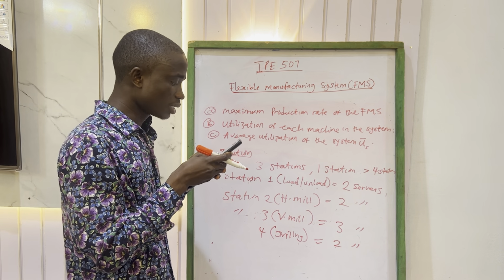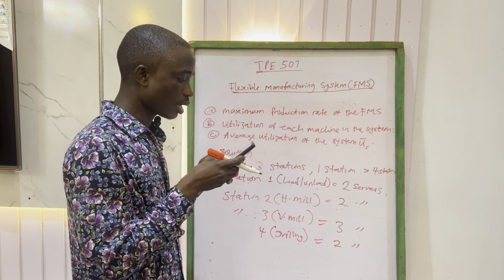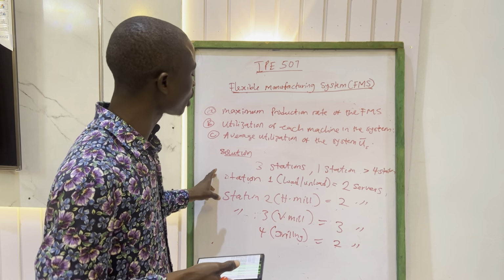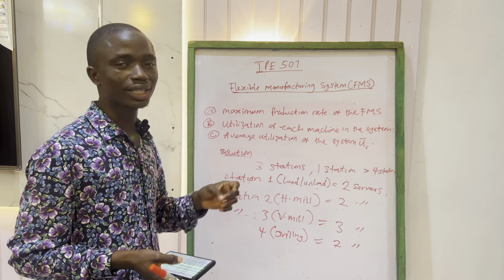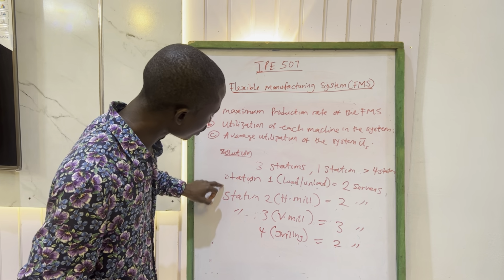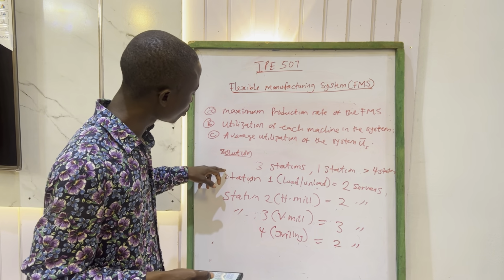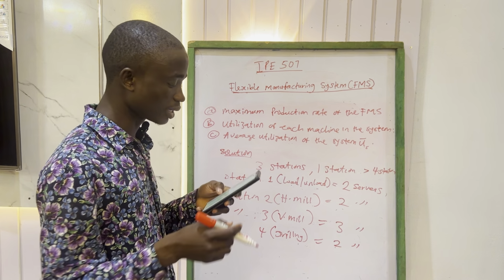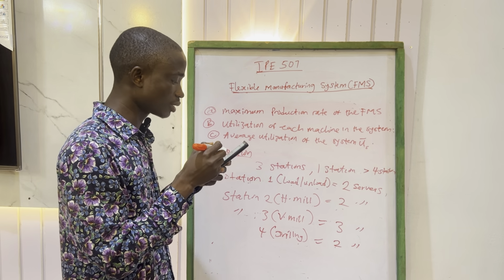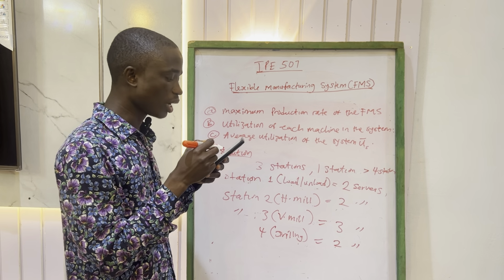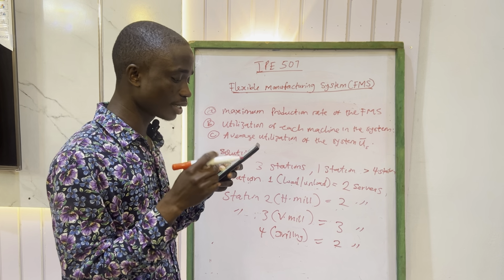Now the machines are connected by a part handling system. Listen to this carefully. This part handling system is what we call the material handling system. That is what links all these stations together and transports the product from one station to another. They said the machines are connected by a part handling system that has 3 work carriers.